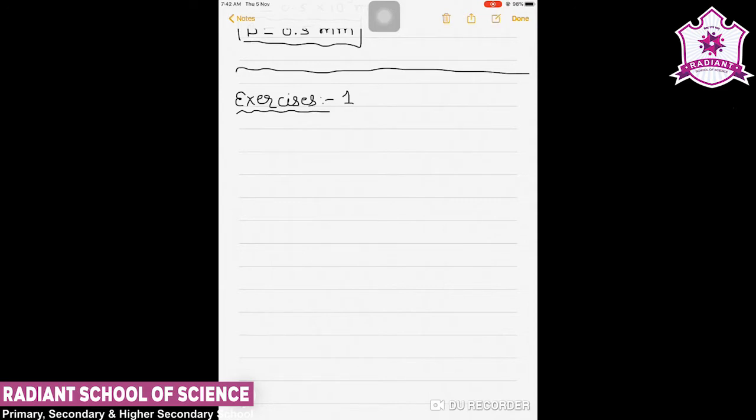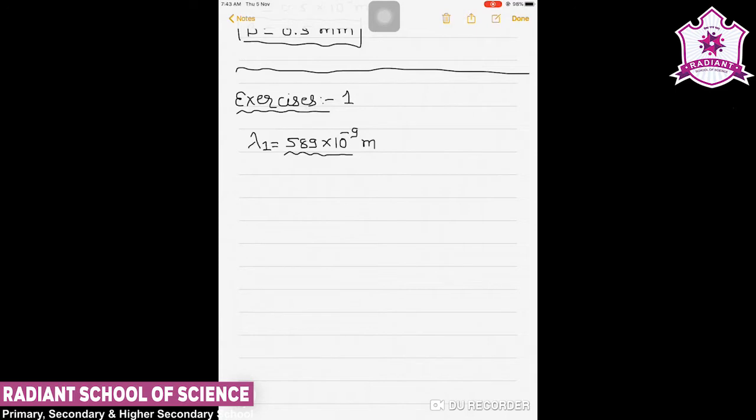The first example from the exercise says: monochromatic light of wavelength 589 nanometer. So we are given lambda 1. Here we will put all the things, that is 589 into 10 raised to minus 9 meter, because 1 nanometer is 10 raised to minus 9 meter, is incident from air on a water surface.